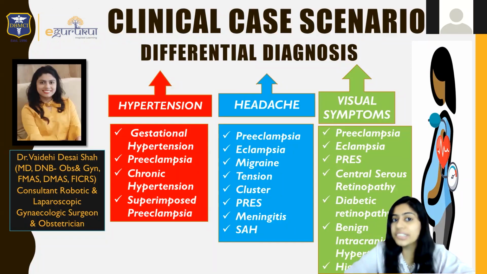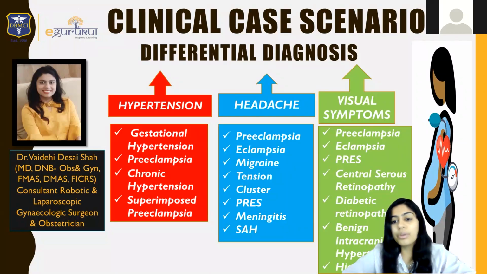When we talk about subarachnoid hemorrhage, the patient presents with neck rigidity and complains of the worst headache of my life. That is the chief complaint of the patient. But here there was no neck rigidity, so we can rule it out.